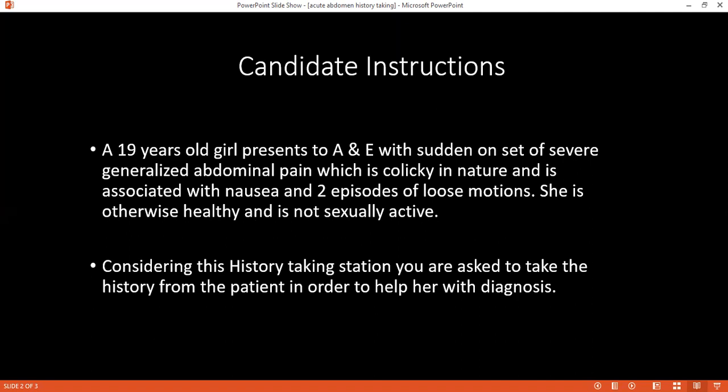That means this could have been mid-cycle pain as well. You said differentials can be many, but it could be inflammatory bowel disease. I was thinking that this could be her first episode. She doesn't know what to do. She's young, so she came to A&E for advice.